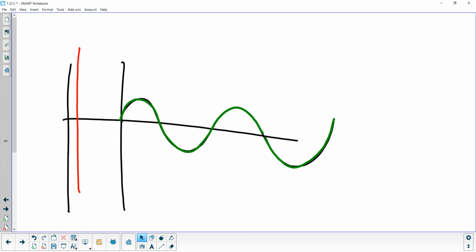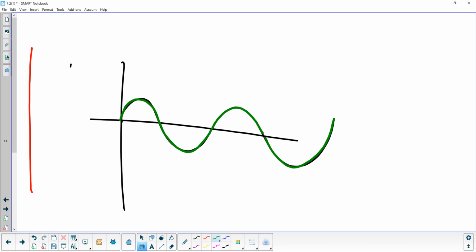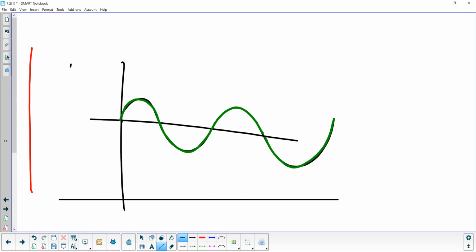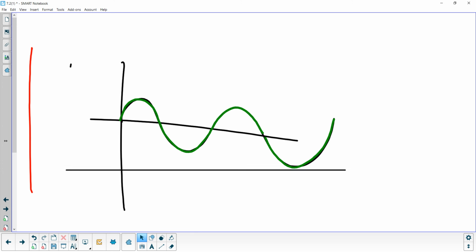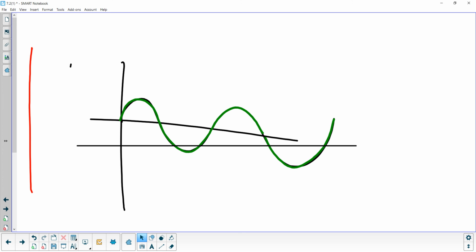Now, there's another test, and that's called the horizontal line test. The horizontal line test is used to tell if this graph right here would have an inverse that's a function. So vertical line test tells you if that is a function. Horizontal line test tells you if the inverse of that is a function. And the test works the same way. You have to be able to draw a horizontal line and it only hits the graph once.